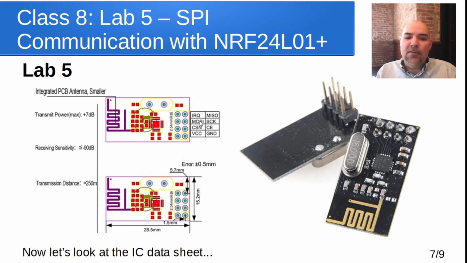But then notice we have SCK, that's the SPI clock, MOSI, that's SPI, MISO, that's SPI. And then there's an interrupt request that you could configure so that when it receives a packet, it sends you an interrupt to tell you. In other words, when a packet comes in, that interrupt line changes state to say, hey, somebody talked to us, come and get the packet. We're not going to worry about that right now.